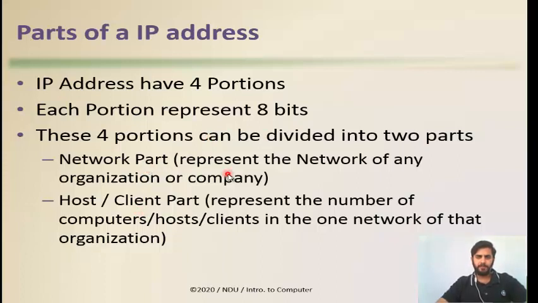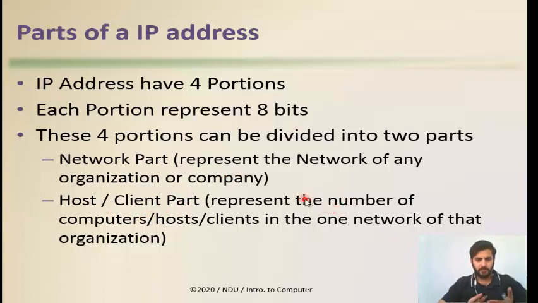For example, if you are running the NDU network, that is one network portion in IP addresses, and inside a network you are accessing a targeted server, or you are accessing some person inside the NDU. So basically you are accessing a host, so we have a host portion also available inside the IP addressing scheme.